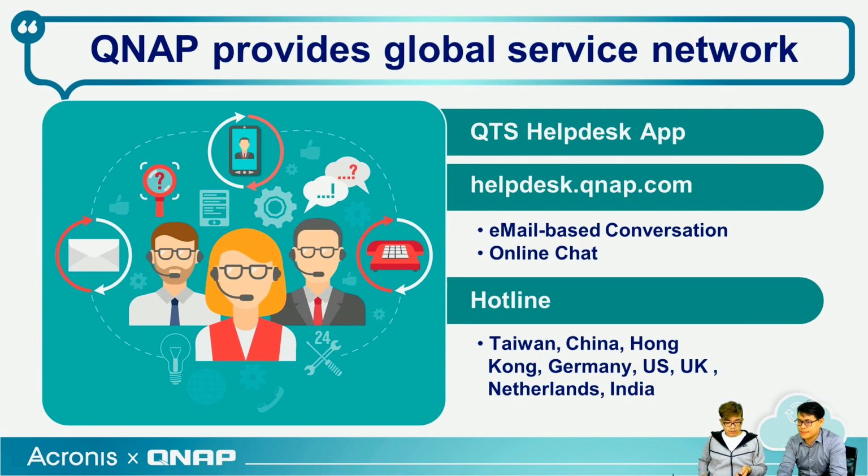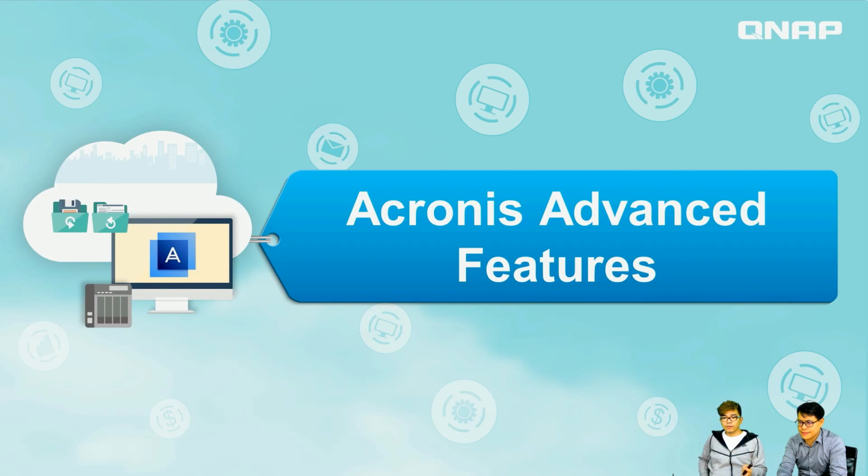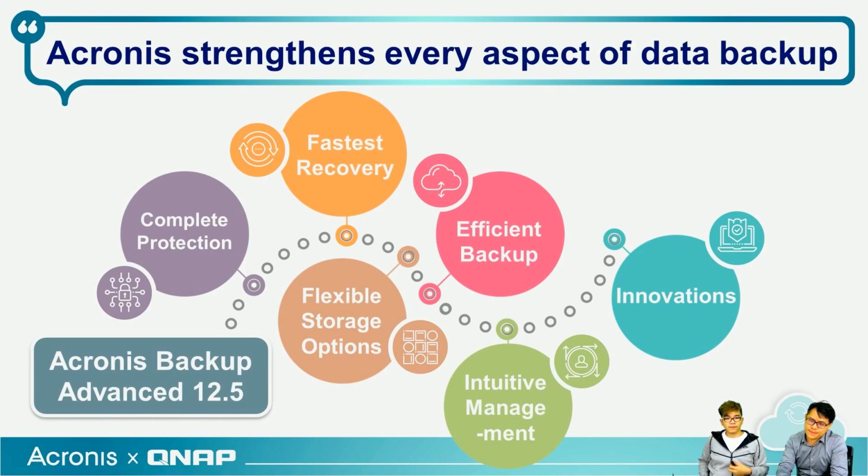Yes. So after we have checked everything, let's talk about the features, the Acronis advanced features. We will tell you the six main points of Acronis, and Norman will show you very clearly what they are. Okay, so about the complete protection, I have mentioned it can protect different types of data, because as time goes on, web services and software are diverse, so there are many types of data.